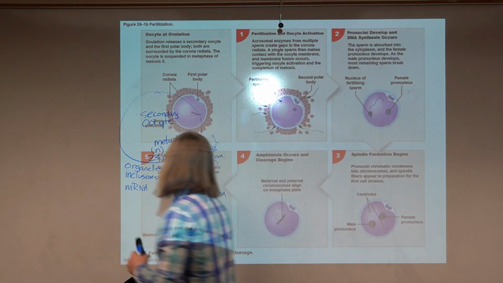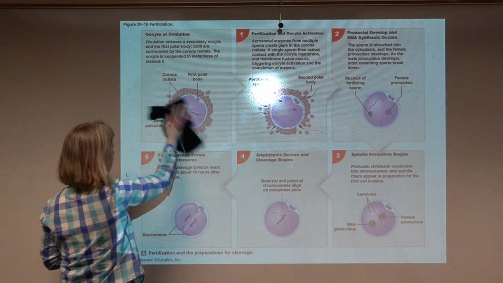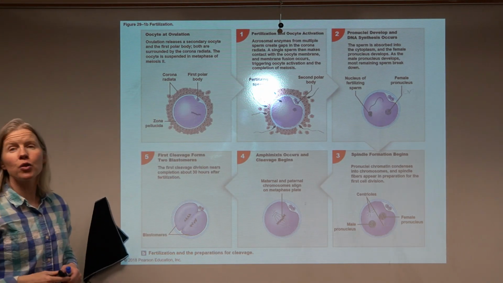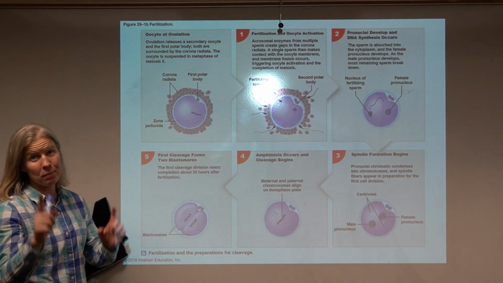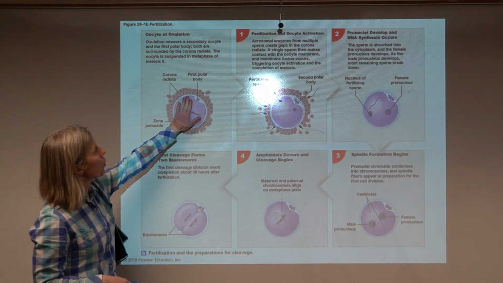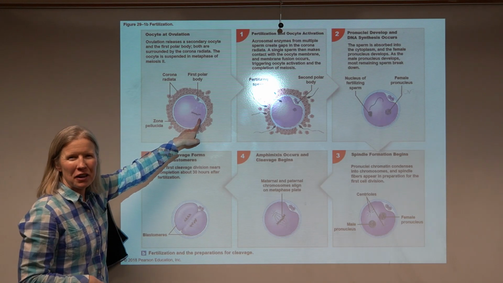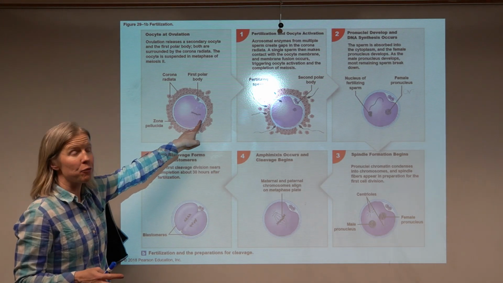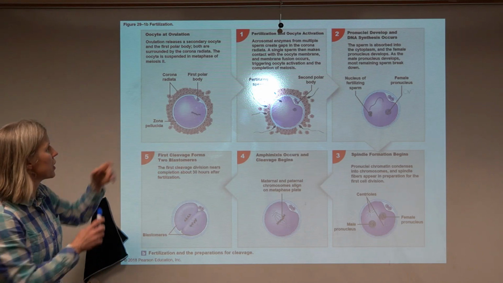So let's take a look at how this takes place, okay? This is figure 29.1b that walks us through fertilization. So here we see our secondary oocyte paused in metaphase of meiosis II. They're also showing us the zona pellucida.